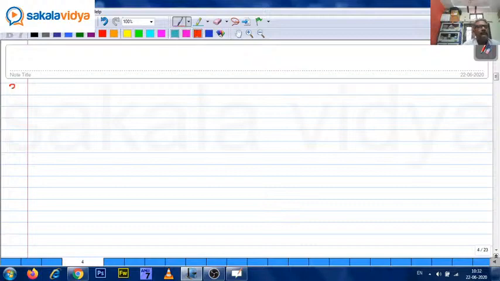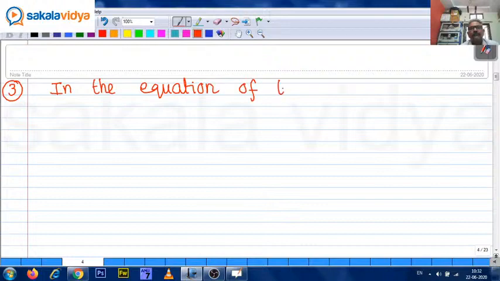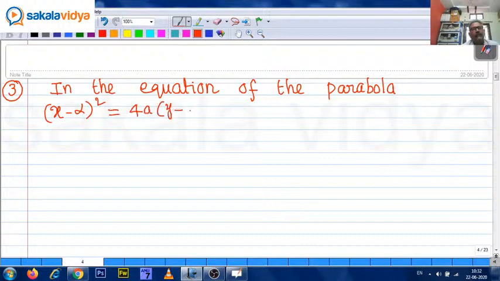Now third one, in the equation of the parabola, x minus alpha whole square equal to 4a times y minus beta.